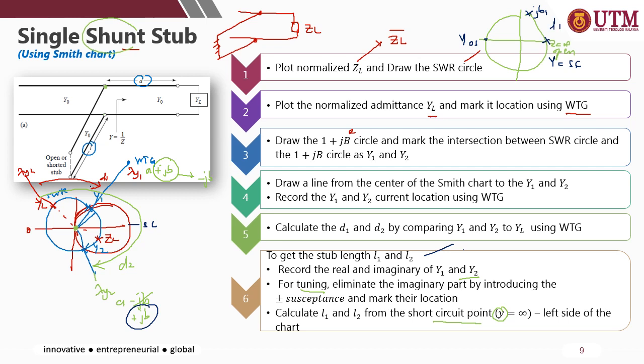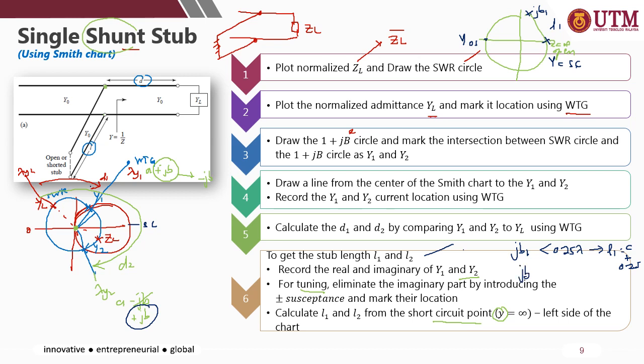To easily calculate the L1, if the JB1 position is less than 0.25 lambda, you can calculate the L1 by simply adding the current position plus 0.25.